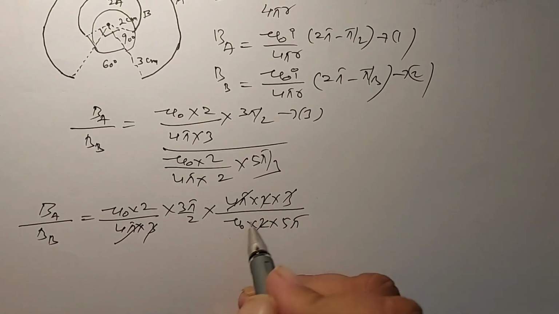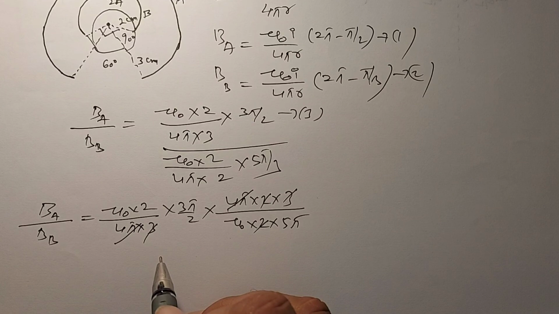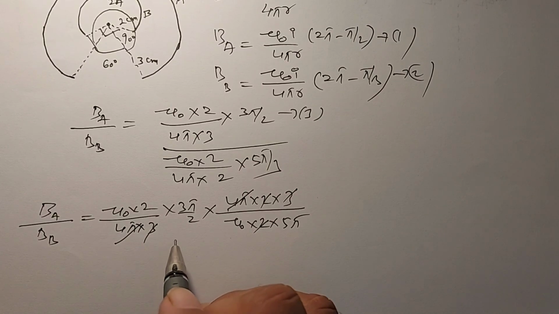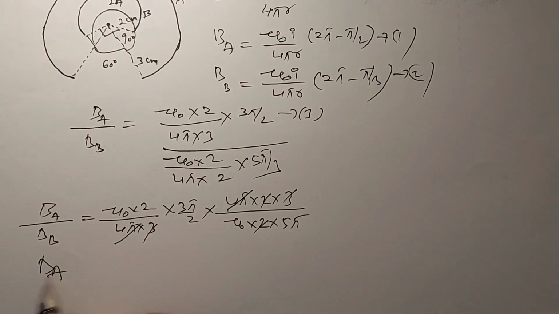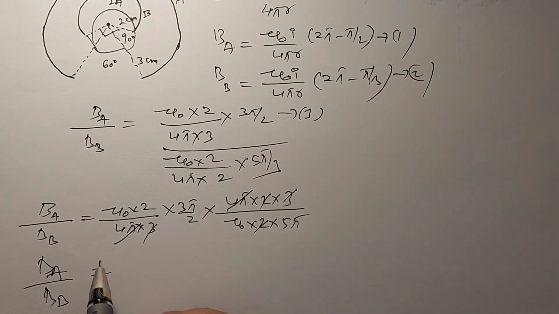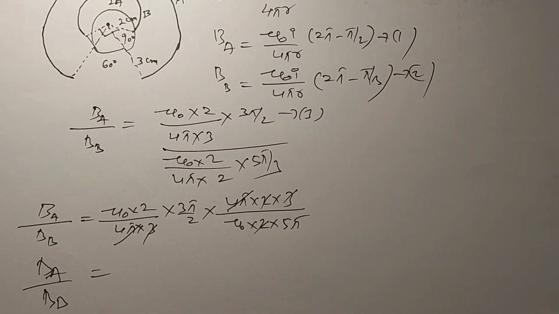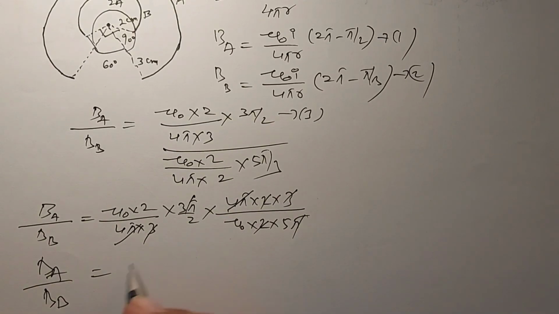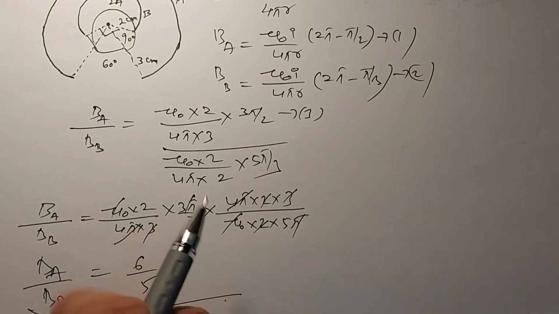This 2, this 2 cancel. Remaining all cancel. BA by BB is equal to, this pi cancels, mu naught cancels. That is 6 by 5. So the answer is 6 is to 5.